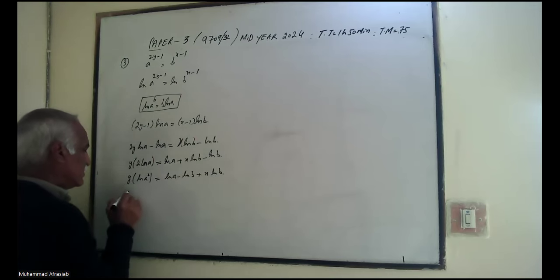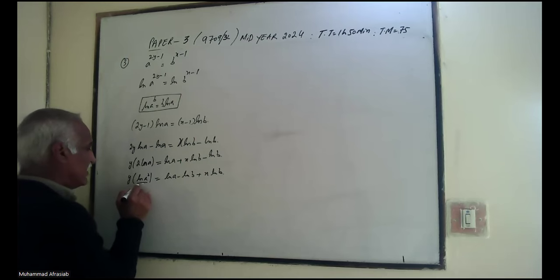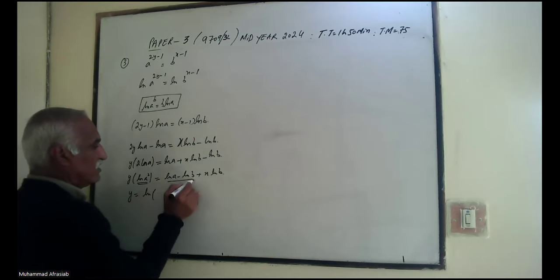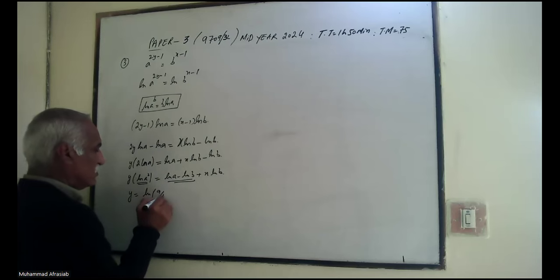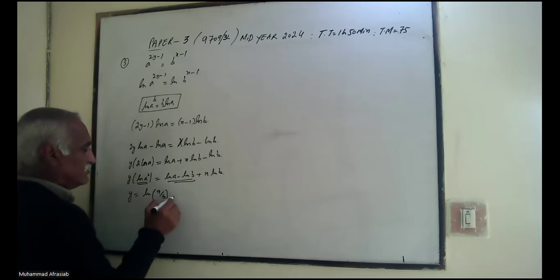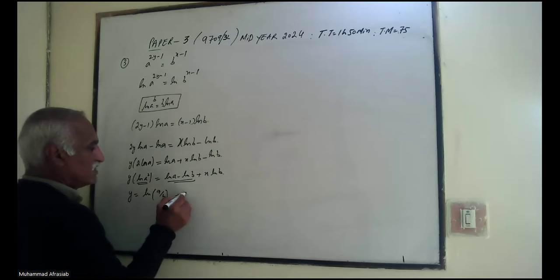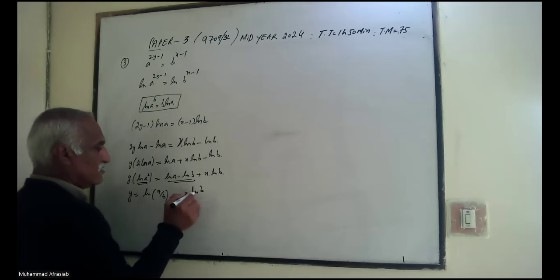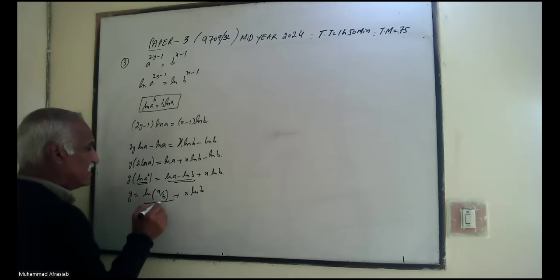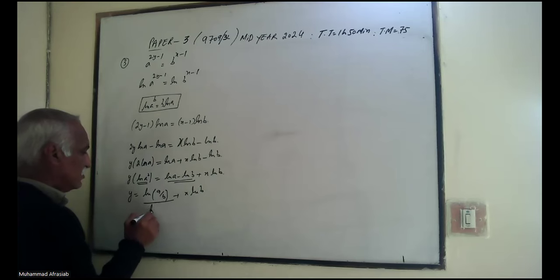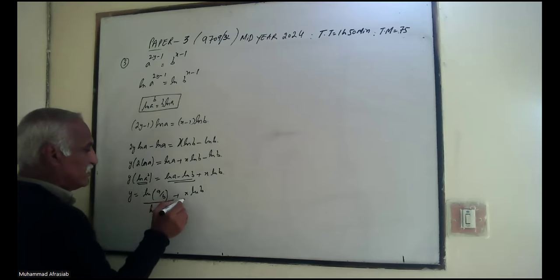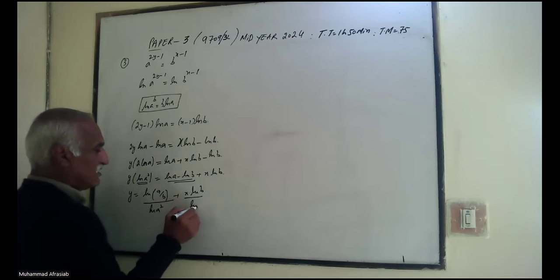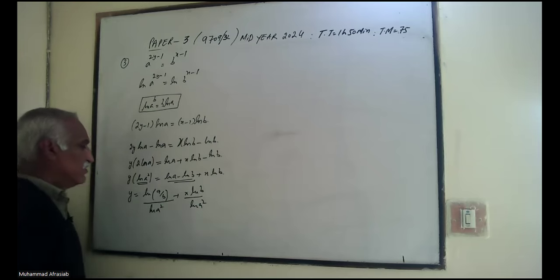Now divide on both sides by log of a square. Log of a minus log of b is basically log of a over b, plus x log of b, dividing on both sides by log of a square.